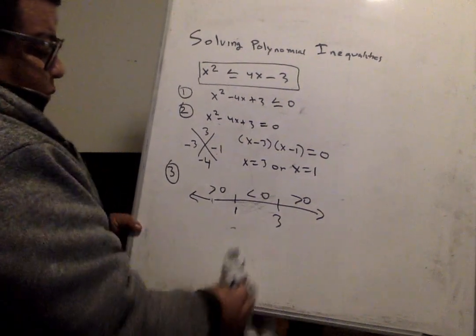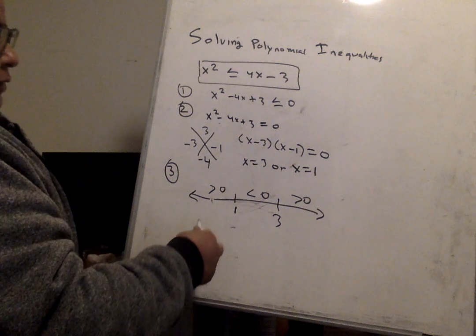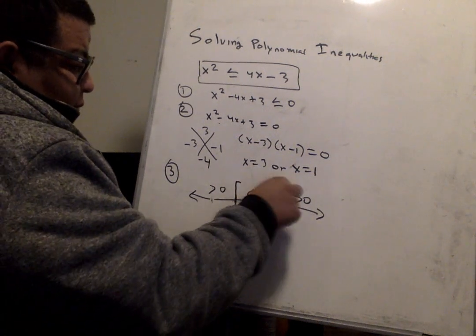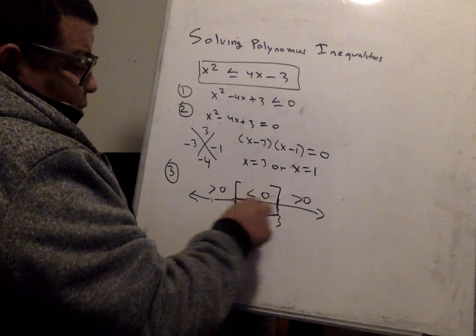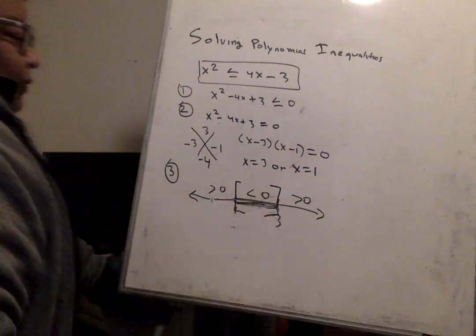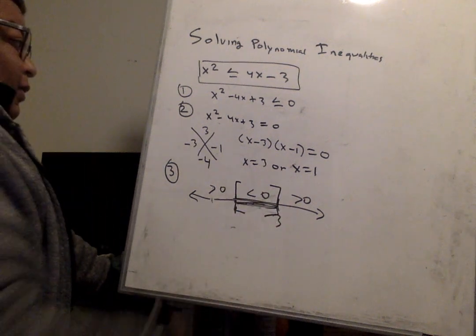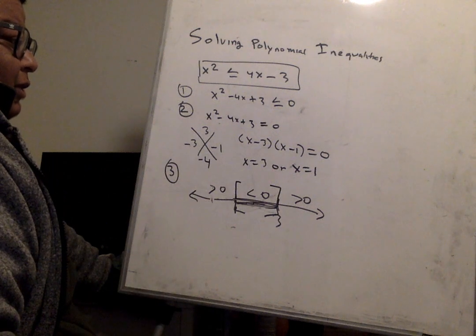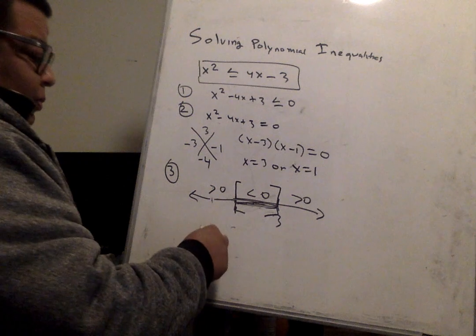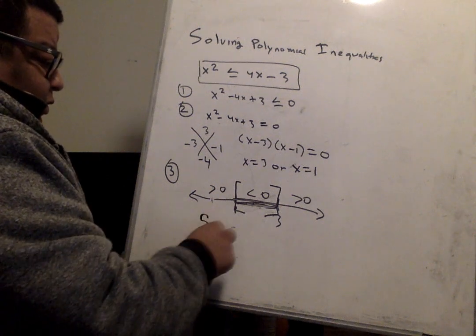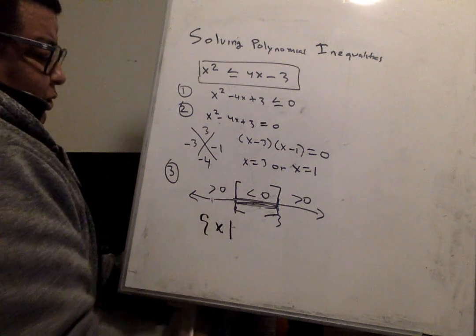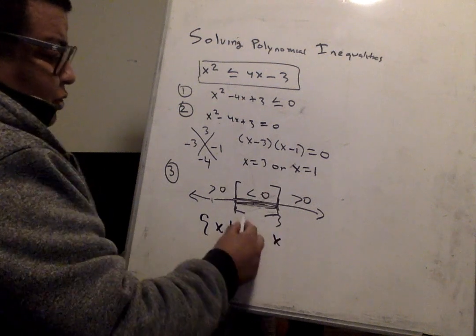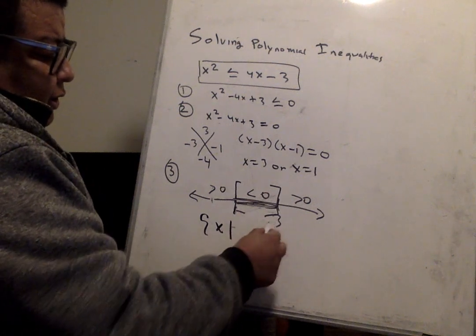So this is the graph here. The graph is going to look like this. And then to write it in set notation, or an algebraic way, it would be like this: x such that x is between 1 and 3.